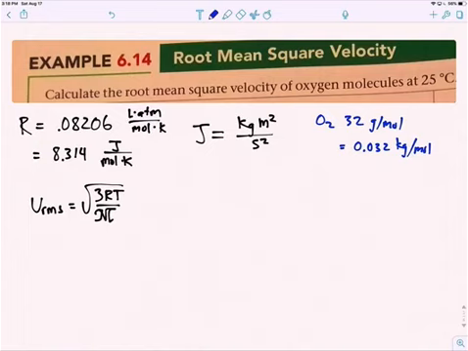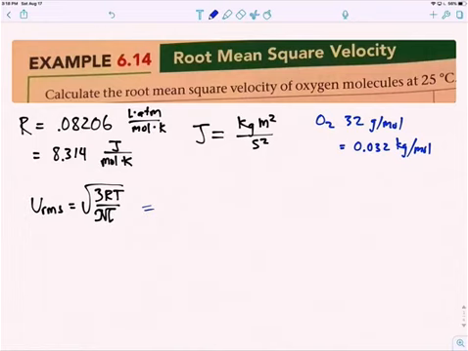Let's do this: the root mean squared velocity of oxygen molecules at 25 degrees Celsius. Okay, so let us do that then. The root mean squared velocity is 3RT over molecular weight.